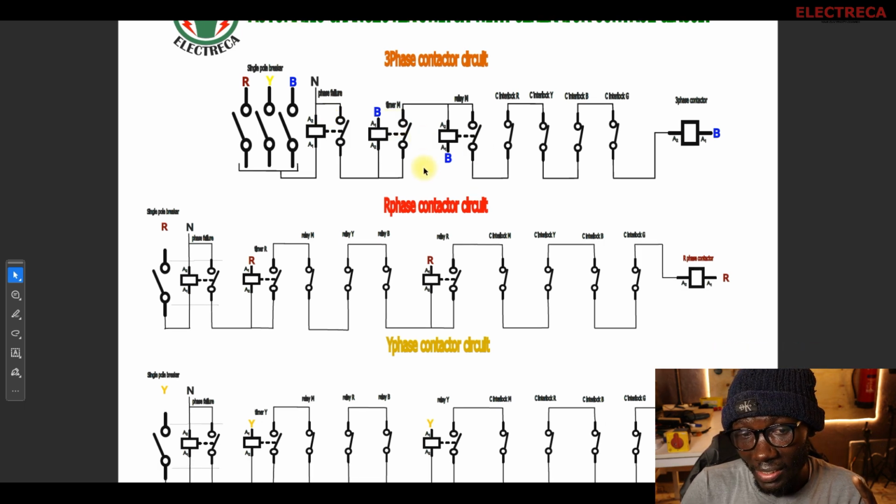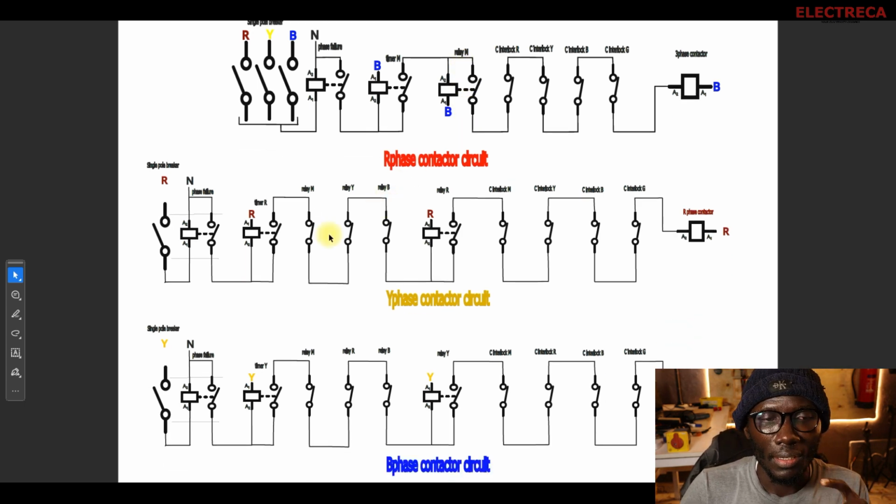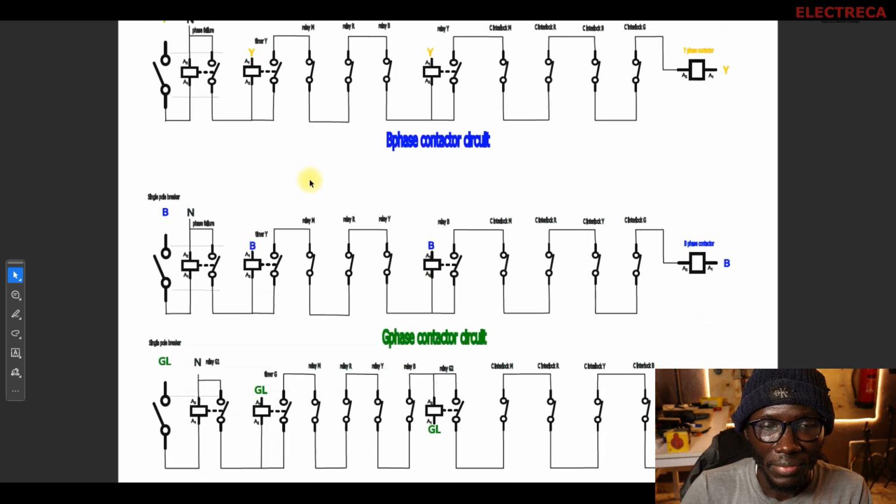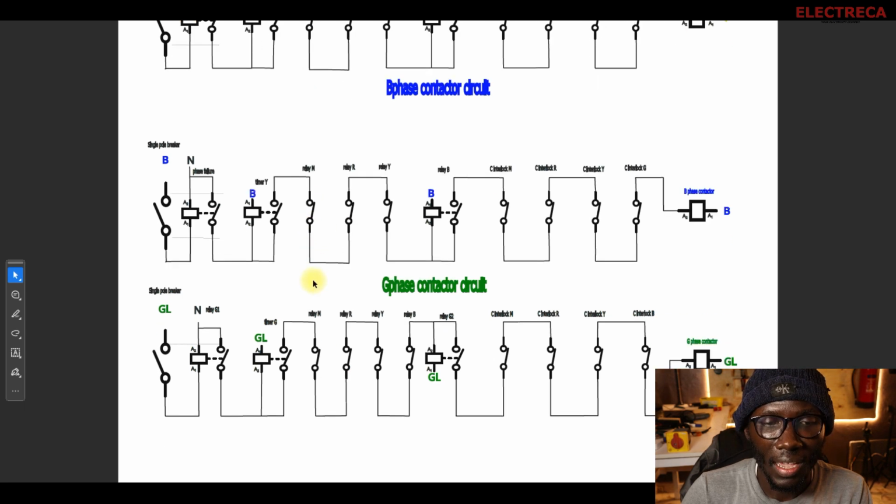On the main circuit, I want you to see this is relay M. When we come to the red phase, you're seeing relay M here. Red phase, yellow phase, relay M. Blue phase, relay M. And then generator, we have relay M.